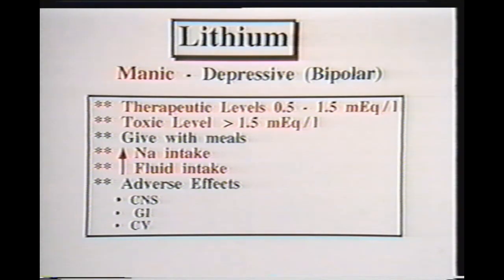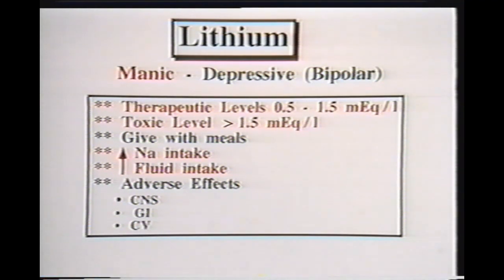It's going to be very important for you to know therapeutic levels of lithium. The therapeutic levels are somewhere between about 0.4 or 0.5 up to 1.5 or 1.6 milliequivalents per liter. Now you'll see slight variations from institution to institution in what is acceptable as therapeutic levels.